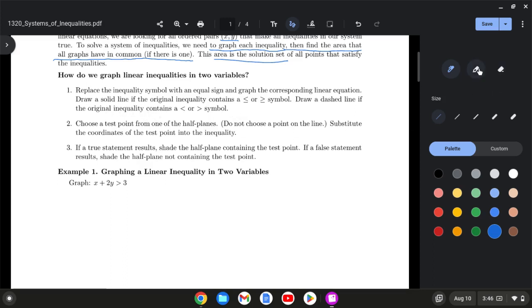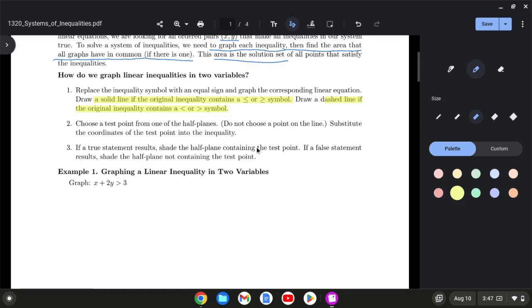If the symbol contains the equal sign, like less than or equal to or greater than or equal to, you're going to draw a solid line. And you're going to draw a dashed line if the original inequality has just a strictly less than or strictly greater than symbol.